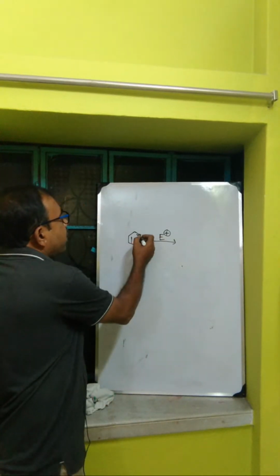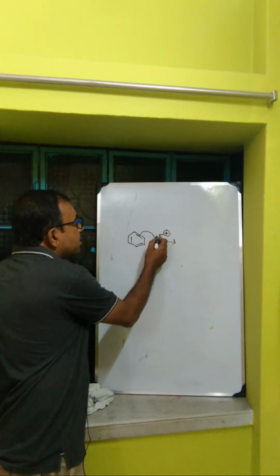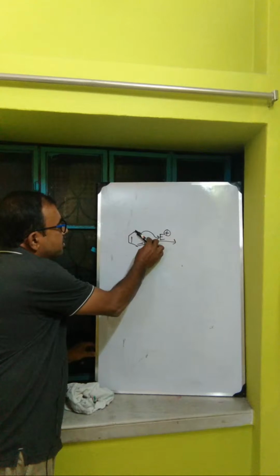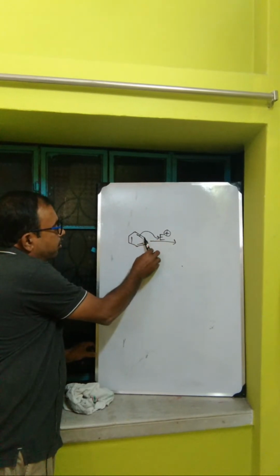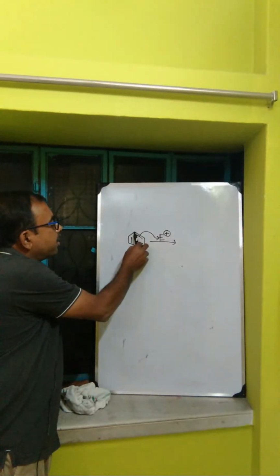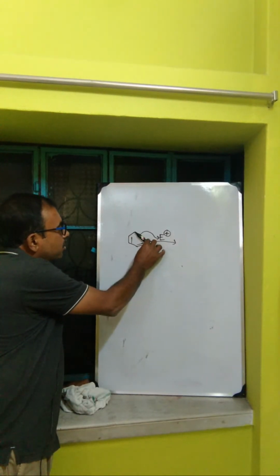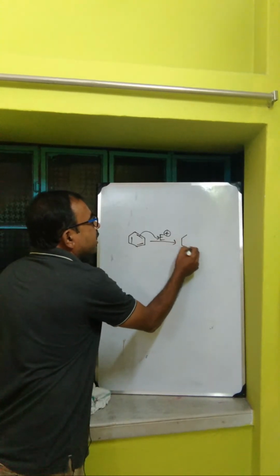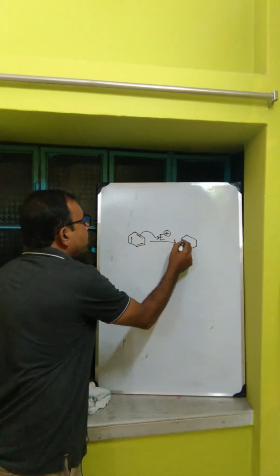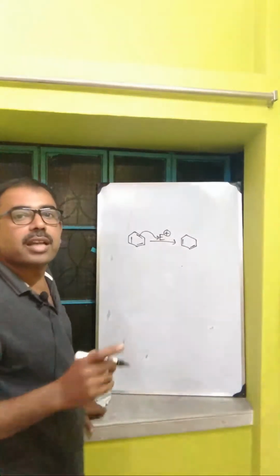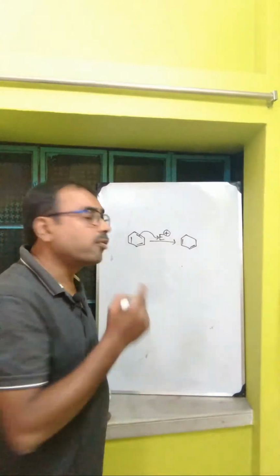So if the pi electrons come to bond with this electrophile, say the bond breaks in this manner: the bond is still there with this carbon atom but breaks from this carbon atom. So the pi bond breaks in this manner, and the other two pi bonds remain intact here, and a hydrogen atom is already there, and the electrophile comes.